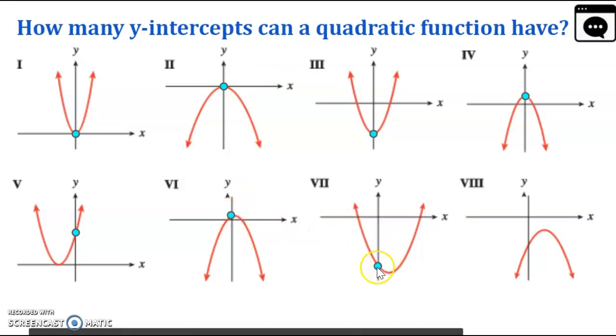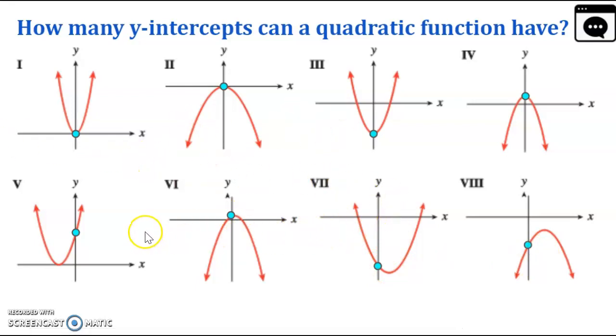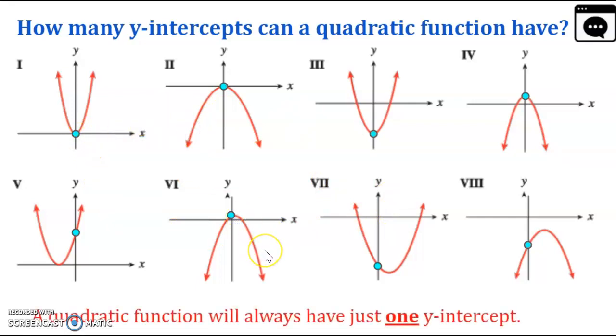Right here and here and here. So with all different types of quadratics or parabolas, there's always just one y-intercept. It does not matter whether it's opening up or opening down or whether it's very flat or very pointy, it's always going to have just one y-intercept.